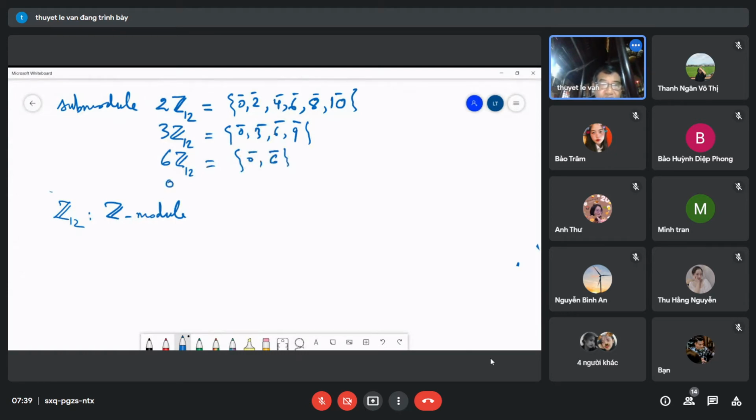And of course, 0 is equal to 0, and of course Z12. And 4Z12 is equal to 0, 4, 8.